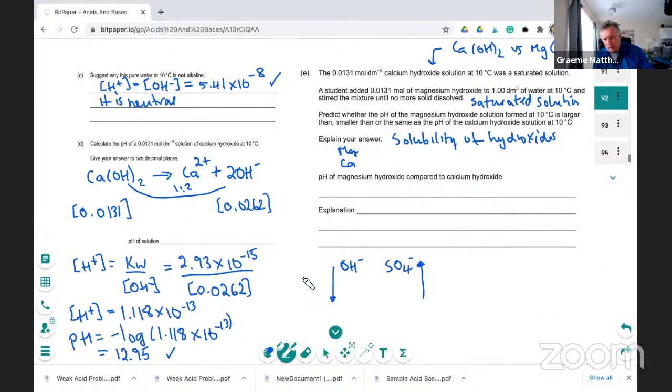So I'm tying in the group 2 module. I think this is it: the magnesium hydroxide is less soluble.